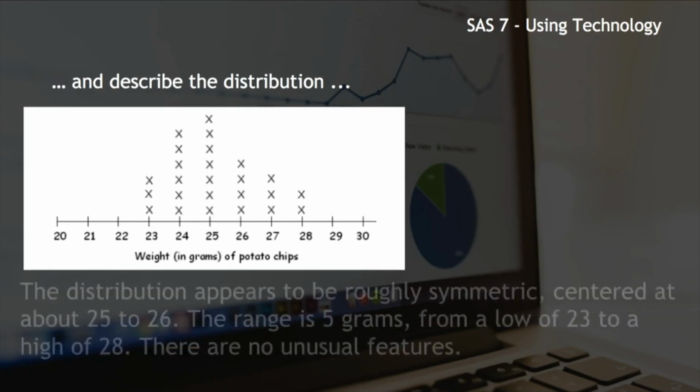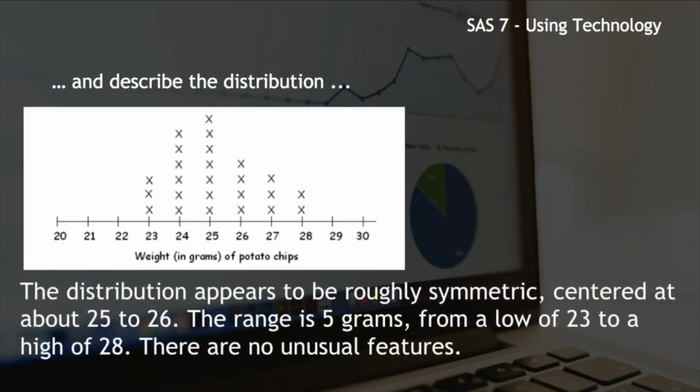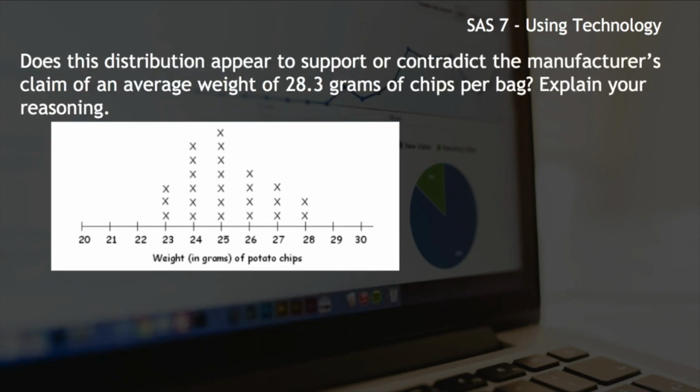Describe the distribution. Okay, roughly symmetric, centered about 25 to 26. Range is 5 grams, from a low of 23 to 28, and there are no unusual features. All right, does it appear to support or contradict the manufacturer's claim of an average weight of 28.3 grams of chips per bag? Well, if the average weight is 28.3, that's right here.